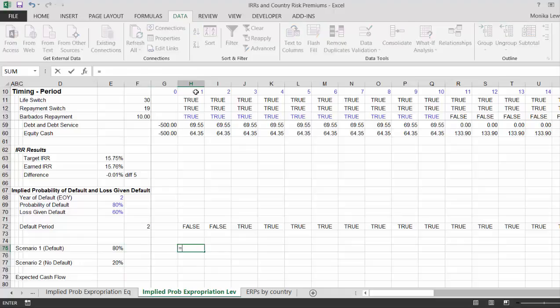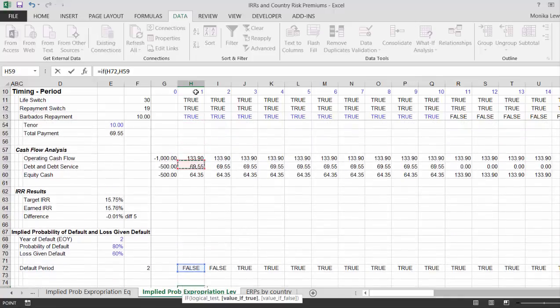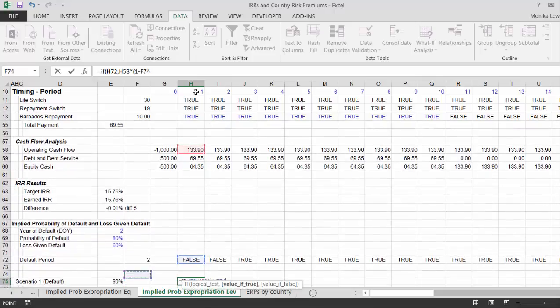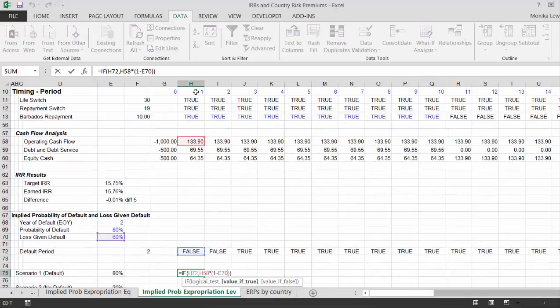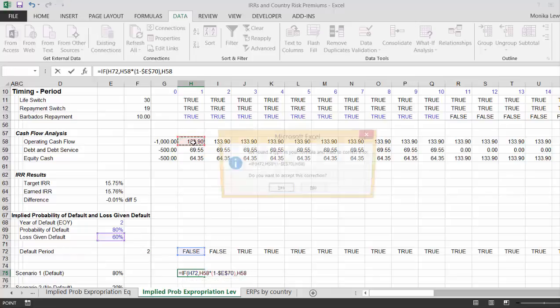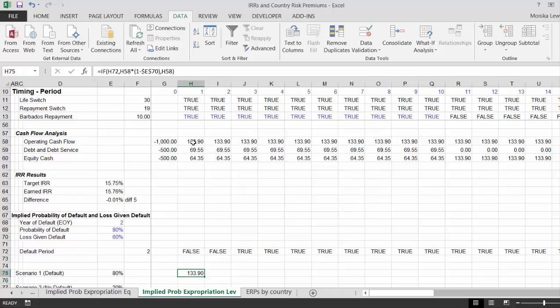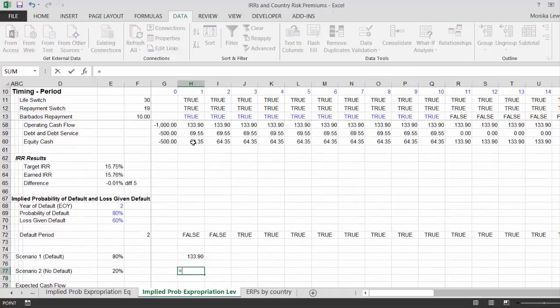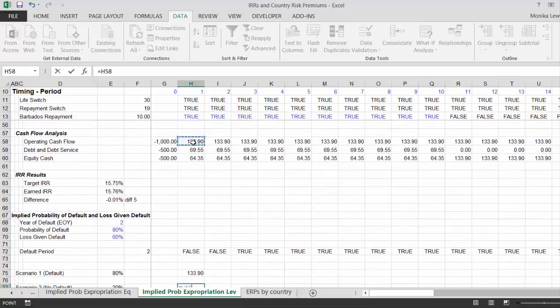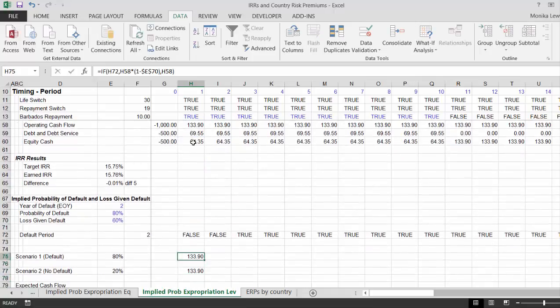In the default scenario, we have if it's default, then we take the Barbados cash flow, and all we get is 1 minus the loss given default. F4, but if it's not a default period, then we get the whole Barbados cash. Okay, so that's the same thing we did here. If there's no default, that's even easier. We just get the total Barbados cash flow.